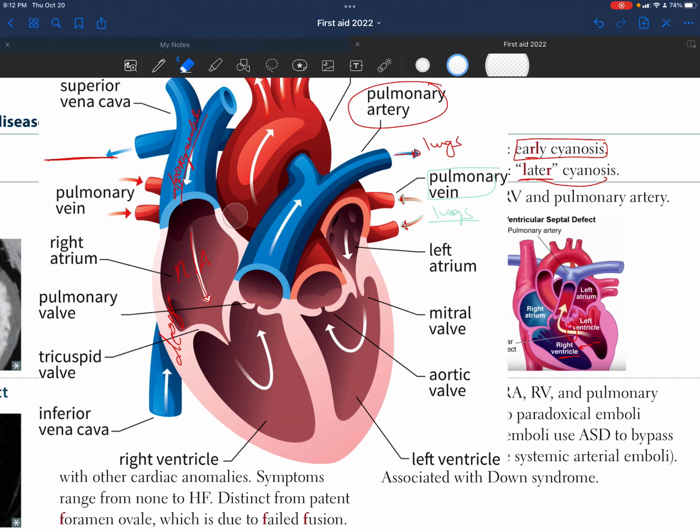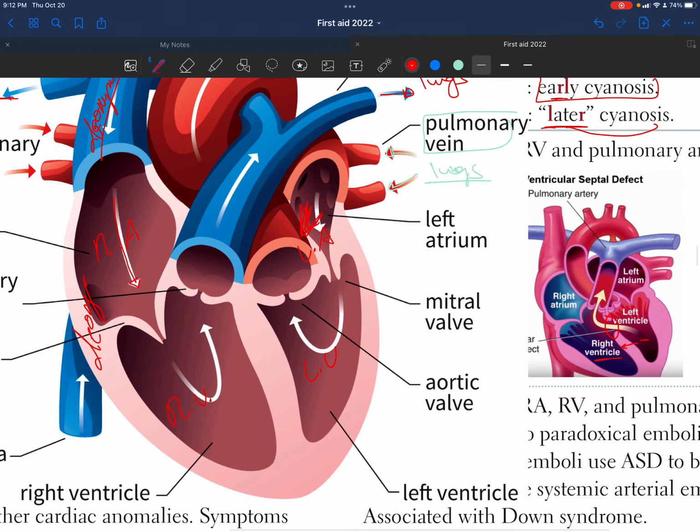So that's for the right to left, while if it's the contrary, this is the right ventricle, as we said, this is the left ventricle, this is the right atrium, this is the left atrium. So basically, if it's from left to right, then, as we said, all of this was oxygenated. So if it's coming this way, then it's fine.